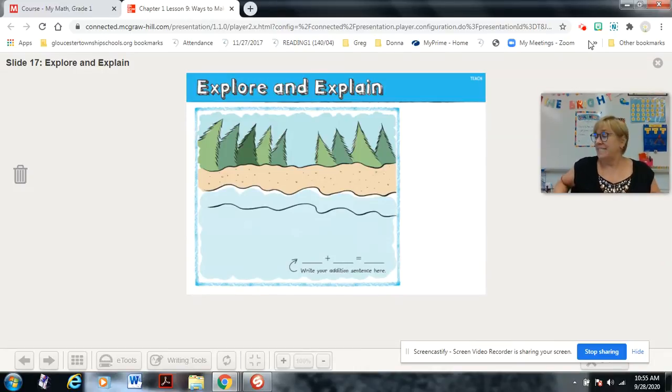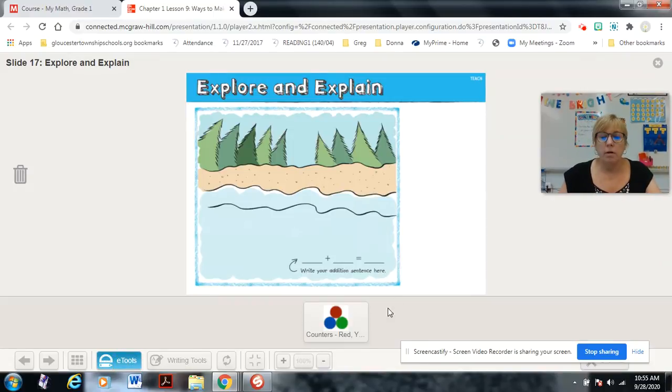And then the same also equals, right? The same thing is equals. Okay, so now here I go. We're going to use our red and yellow counters, or if you have the purple and the teal. All right, so here are counters, red and yellow.